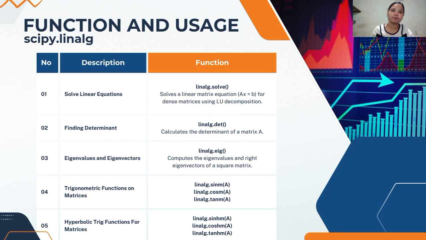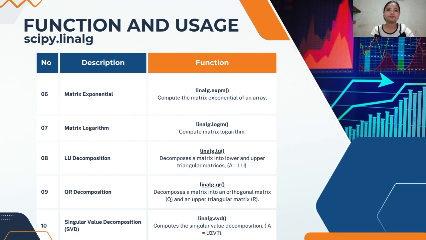Here are some examples of functions available in scipy.linalg. We have linalg.solve, which solves linear equations, and then linalg.det, which calculates the determinant of a matrix. The third one is linalg.eig, which computes the eigenvalues and eigenvectors and so on. Later on, we are going to illustrate these functions in software.